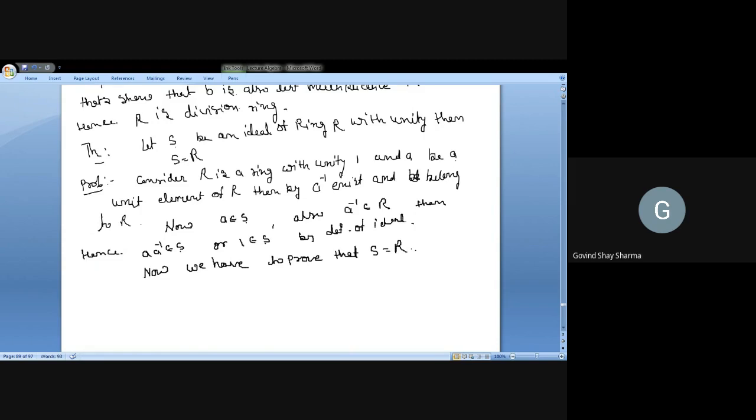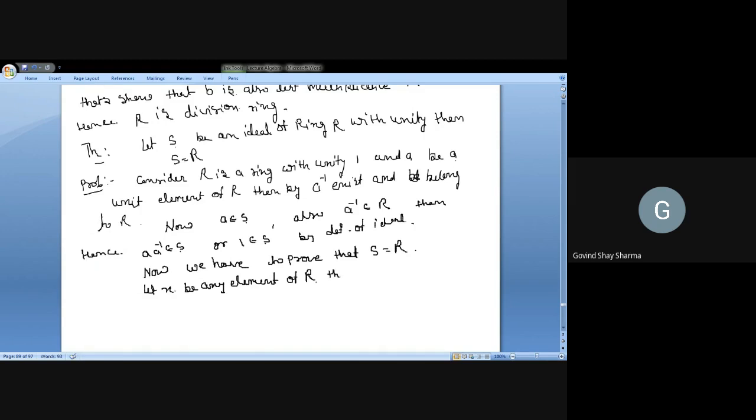Now we will show that S is equal to R. For this, let x be any element of R.